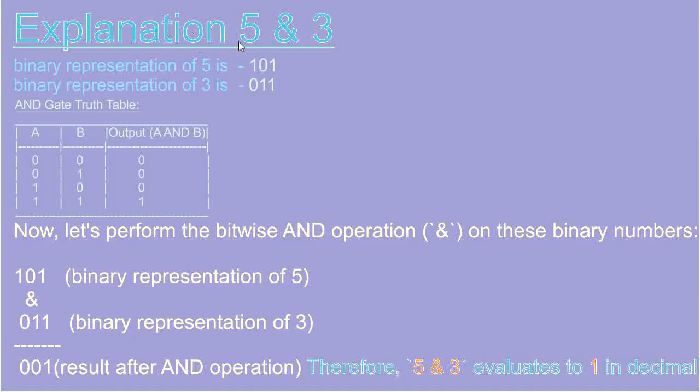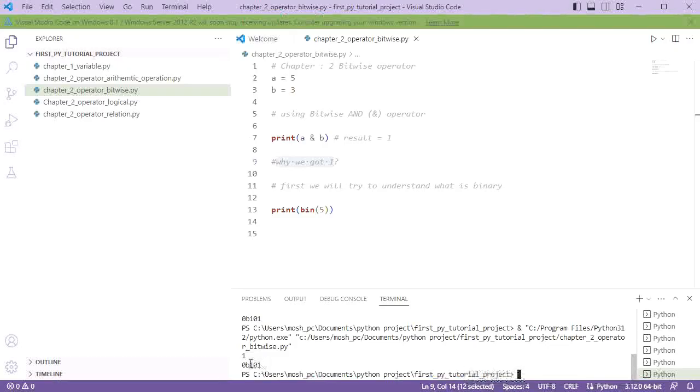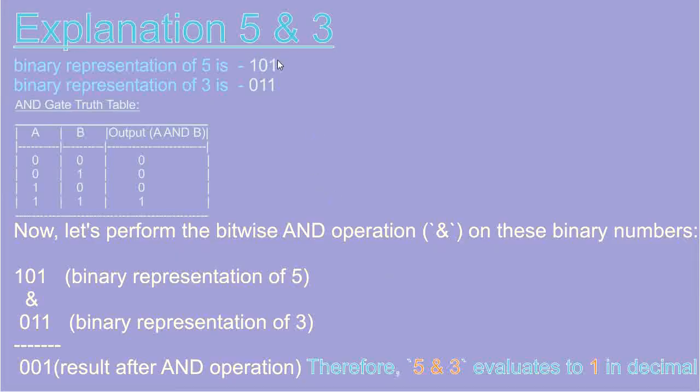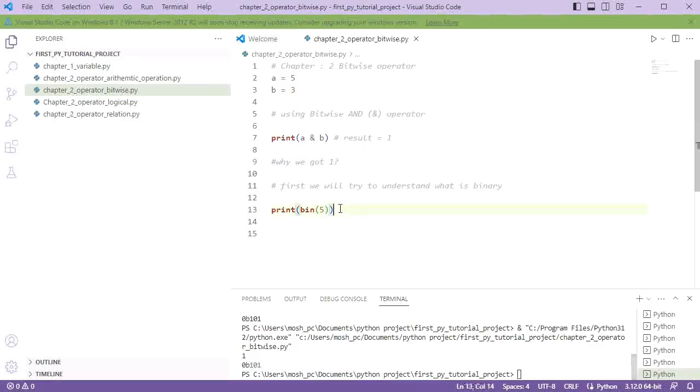Now you notice here, the binary representation of 5 is 101, which we have shown earlier. See here, the binary representation of 3 is 011, we show you this once again.